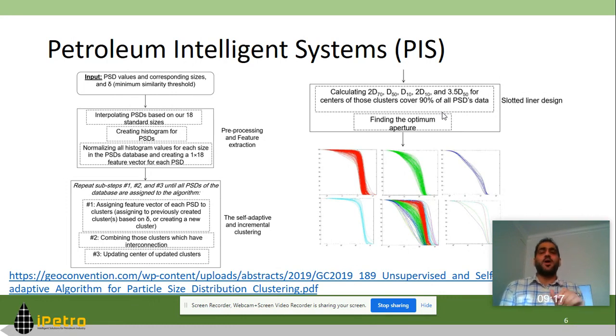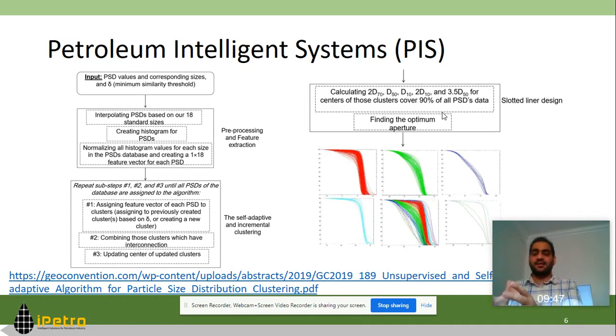Particle size is very important for designing the sand control. It's important for the workflow of designing the sand control. I developed an intelligent algorithm for clustering these PSDs obtained from the field. Based on these clustered data, the workflow for sand control design will be much easier and more reliable.